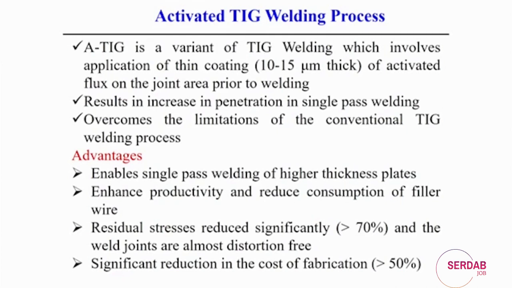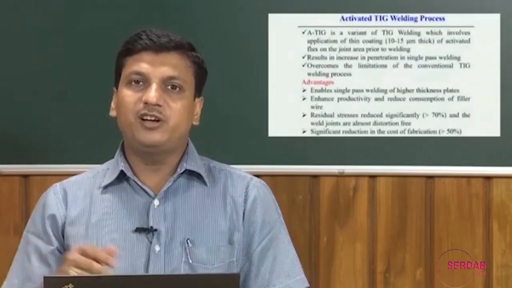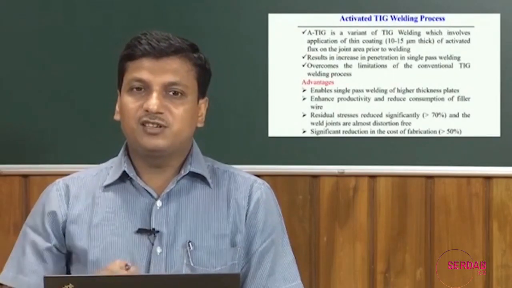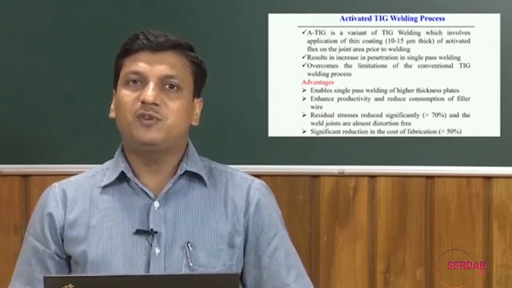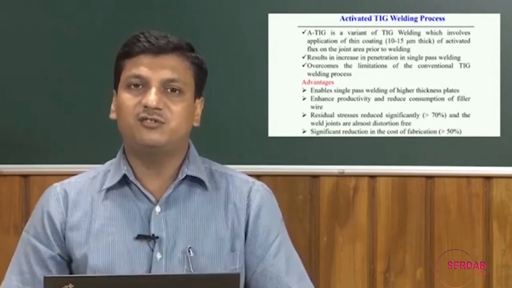What happens in this process is that we apply a thin coating, 10 to 15 micrometers, of activated flux specifically on the joint area before welding. Once that is done, we can do the normal TIG welding process, tungsten inert gas welding, also called GTAW, gas tungsten arc welding.